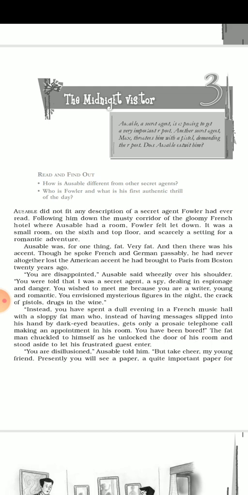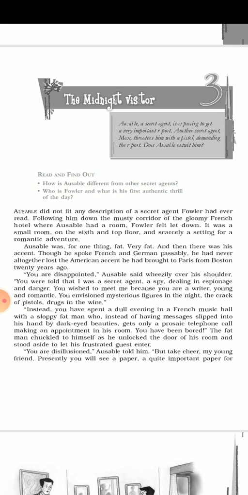So here the writer is opening with an abrupt statement. Robert Arthur, the writer, opens the story with an abrupt statement. His statement is that Audible did not fit the description of a secret agent Fowler had ever read. Fowler not only wrote stories, he used to read stories as well.